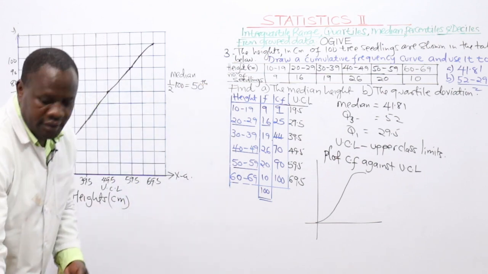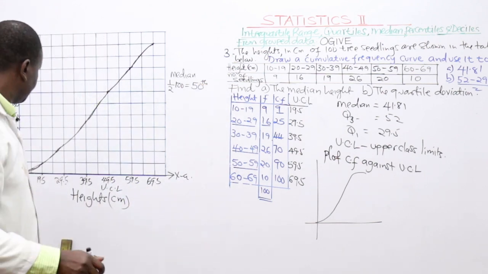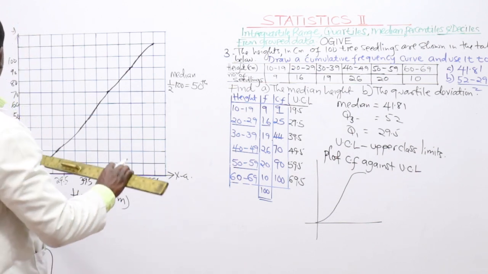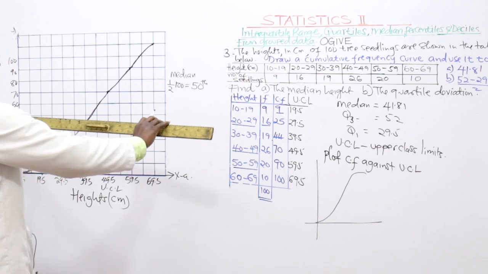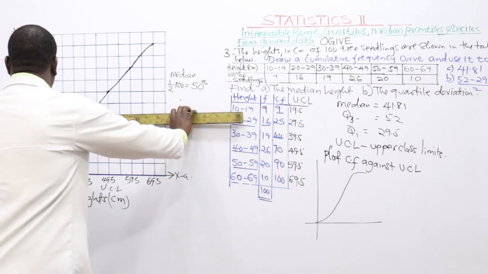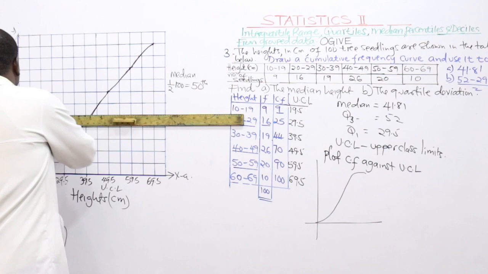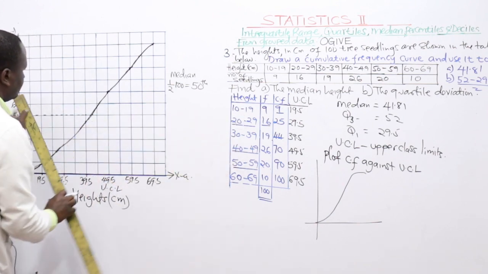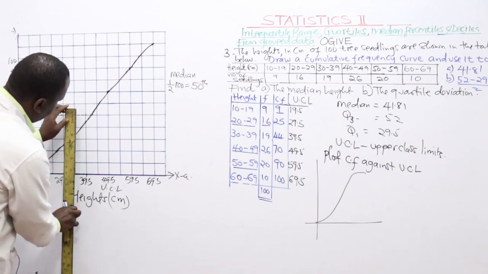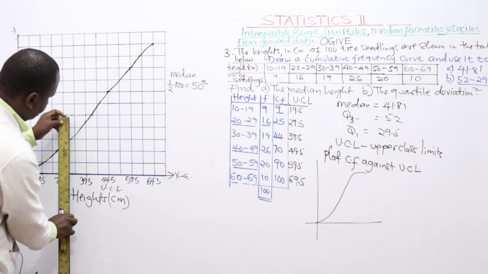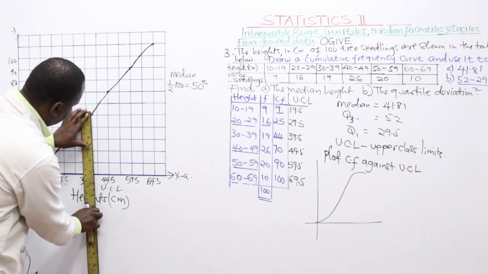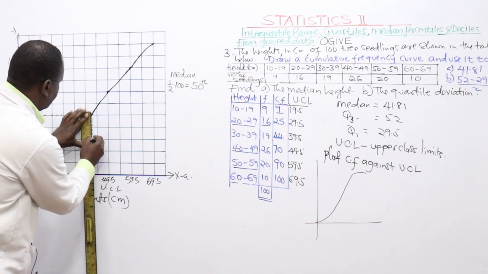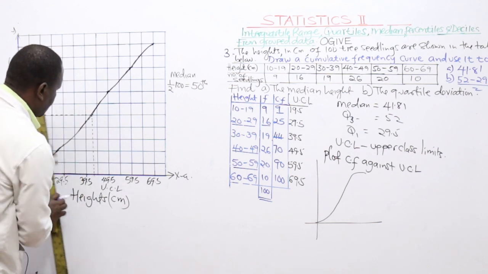At the 50th, we take a ruler, draw a broken line there, then go downwards up to there.